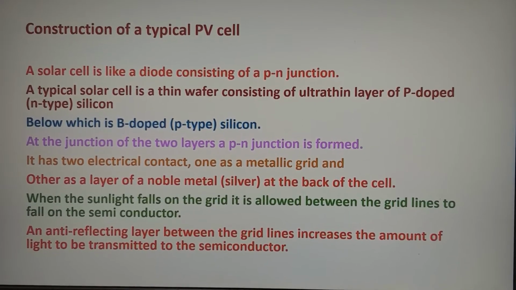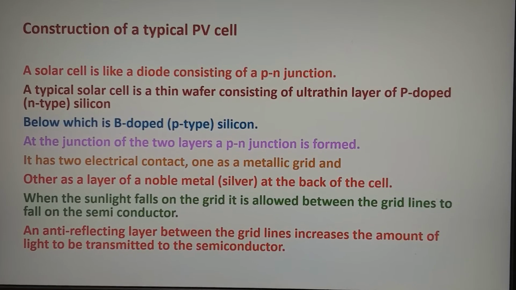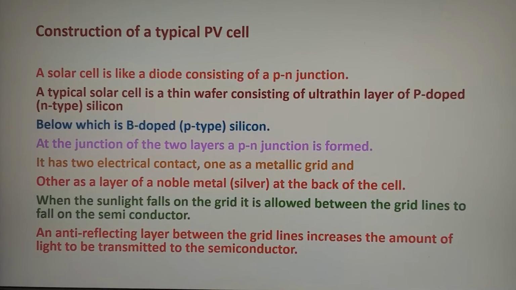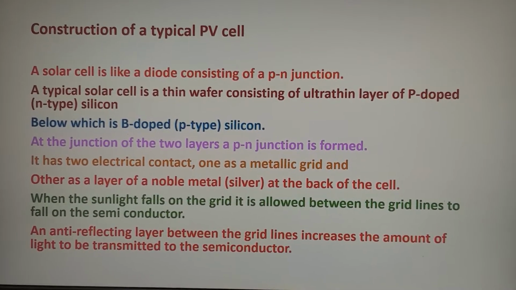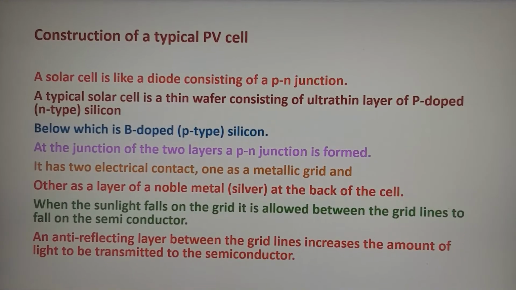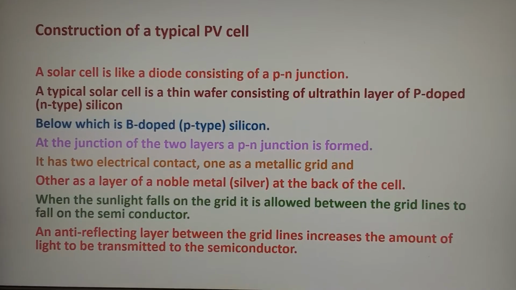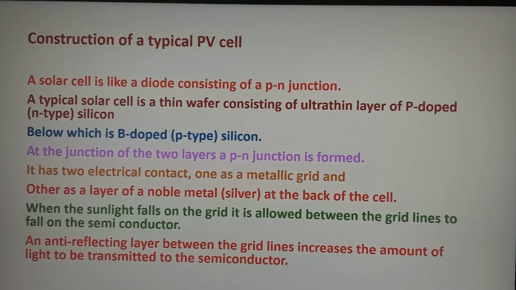Similarly, this thin wafer consists of an ultra thin layer of N-type silicon, that is phosphorus doped silicon, below which is a thin layer of boron doped P-type silicon. The junction between the two layers is called the P-N junction.